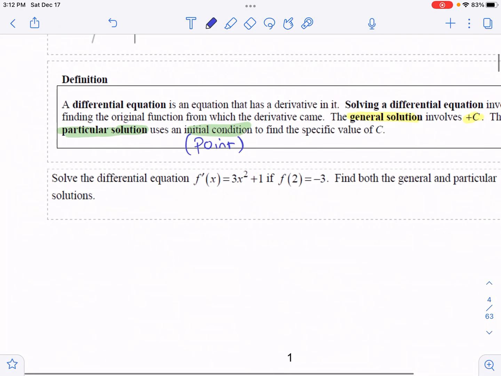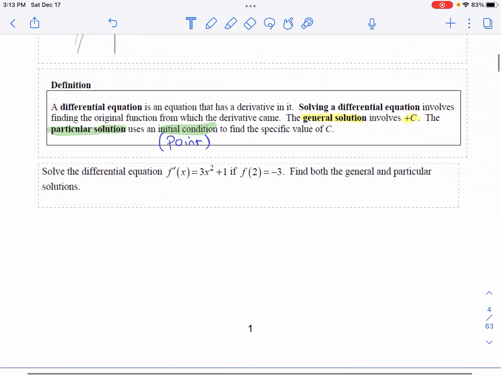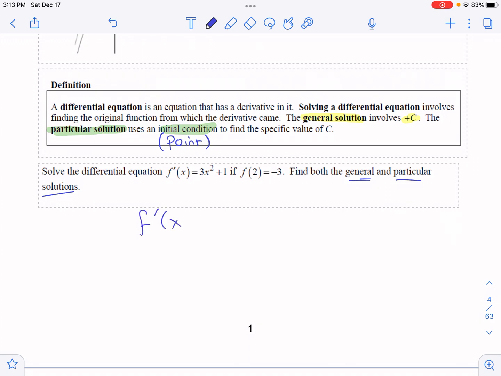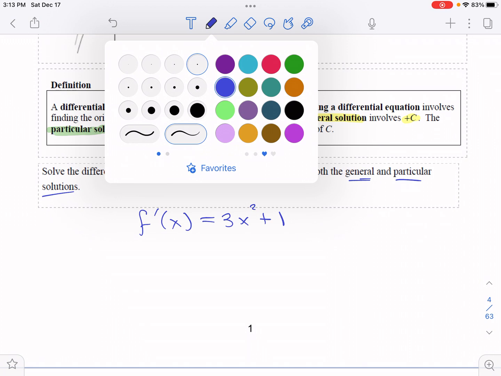So here's an example. Solve this differential equation, f prime of x is equal to 3x squared plus 1. We want to find the general and the particular solutions. Okay, well, f prime of x equals 3x squared plus 1. Going forward, you'll see we start to use this notation, which is sort of optional, but it can be helpful.